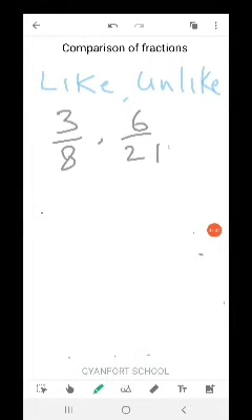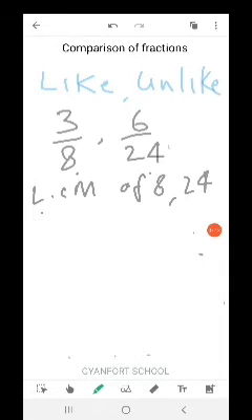So let's compare two unlike fractions. Let's take an example, maybe 3 by 8 and let's say 6 by 24. The denominators are different, so let's find the LCM of 8 and 24.